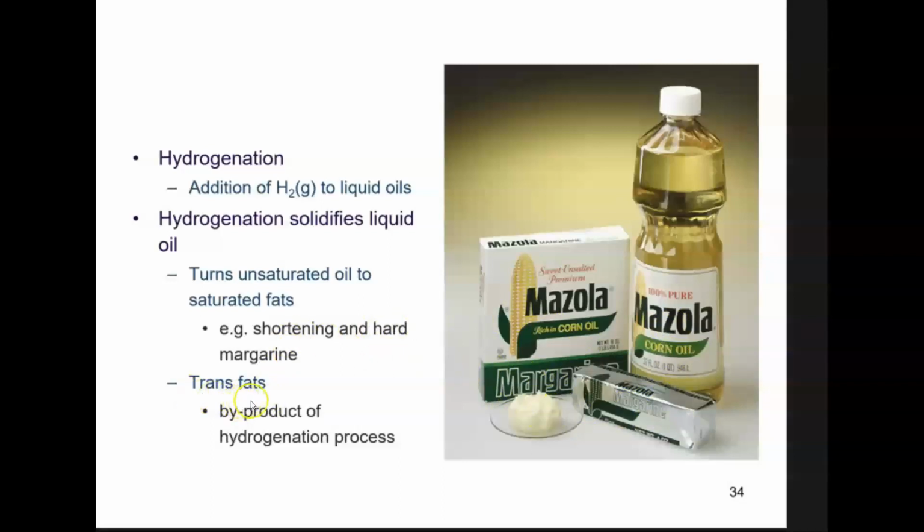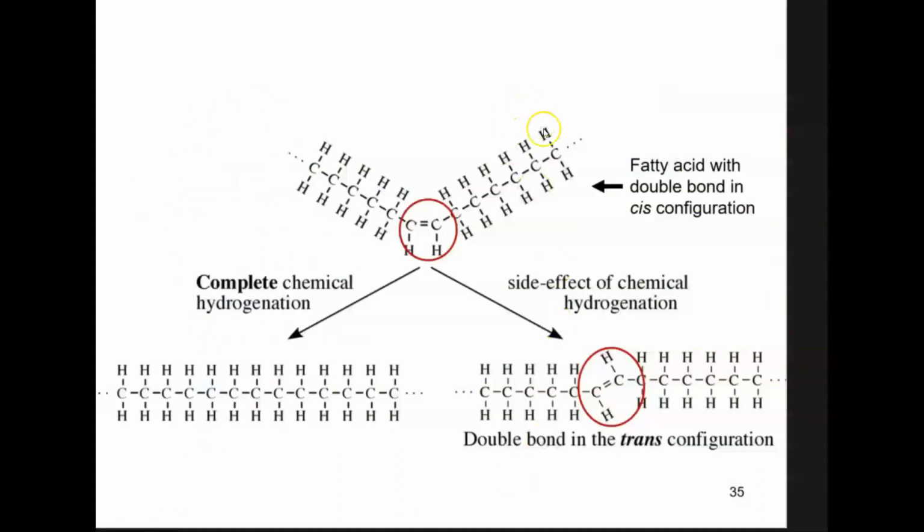But trans fats. Trans fats are an unintended byproduct of hydrogenation. So here's part of a fat, showing just one of the fatty acid chains in a close-up.